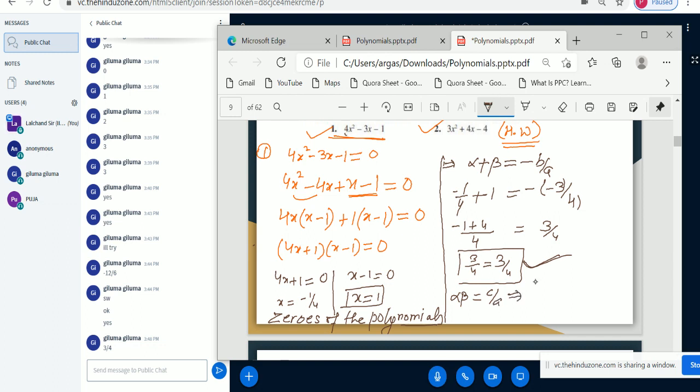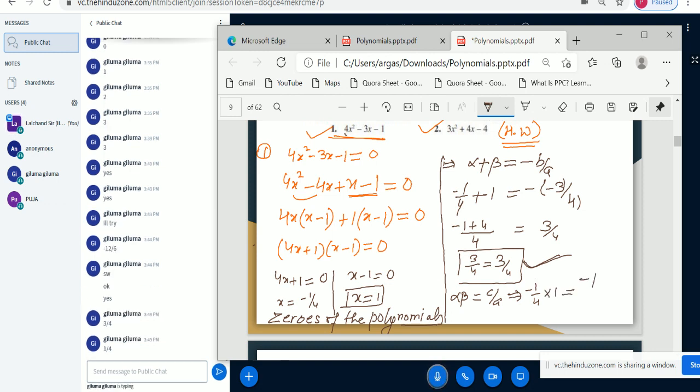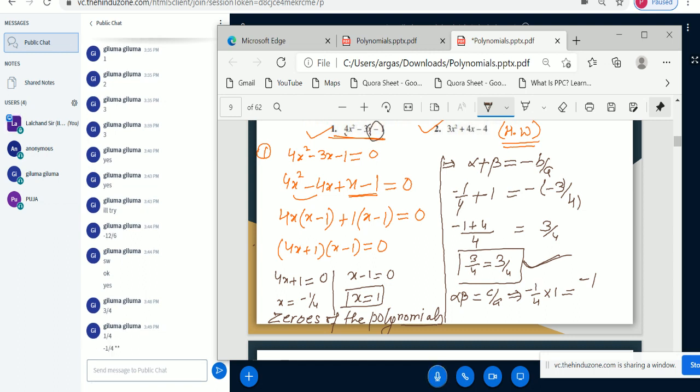Now, check the product of zeros, alpha and beta, equal to c by a. Here alpha is equal to minus 1 by 4, beta is equal to 1, and the value of c is minus 1, not 1 by 4. The value of c is minus 1. We take the value with sign, divided by 4. So LHS is equal to RHS, minus 1 by 4 is equal to minus 1 by 4.